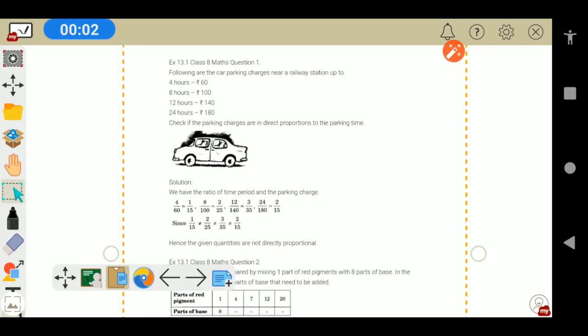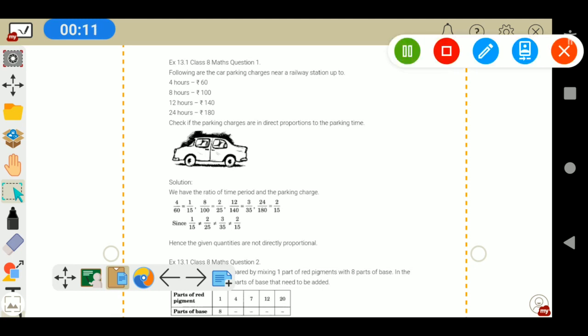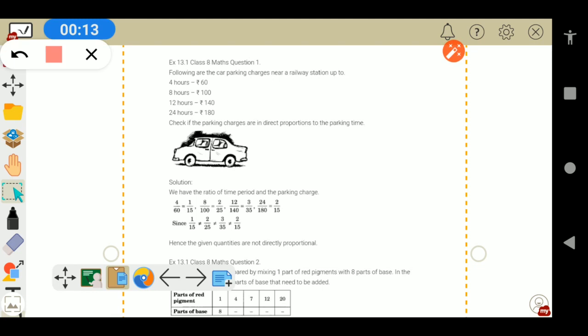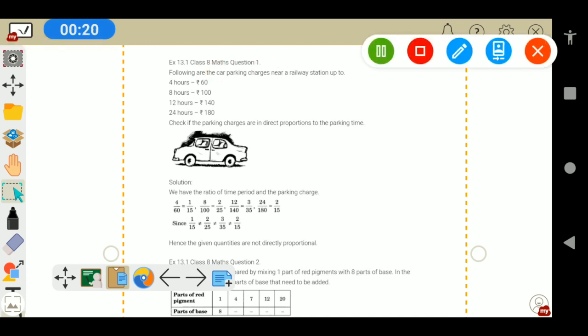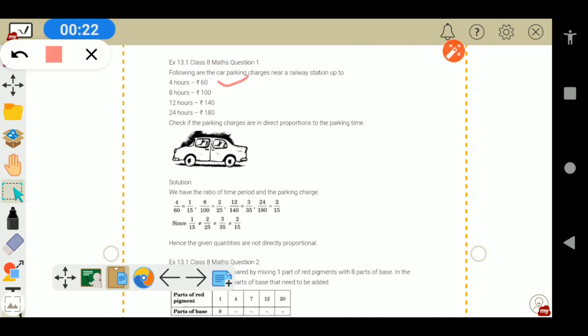The first question of exercise 13.1 is: following are the car parking charges near a railway station. We are given time and rupees for parking charges. For 4 hours it is 60 rupees, for 8 hours 100 rupees, for 12 hours 140 rupees, for 24 hours 180 rupees.